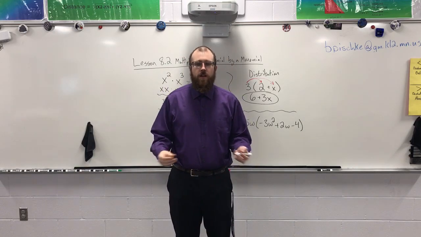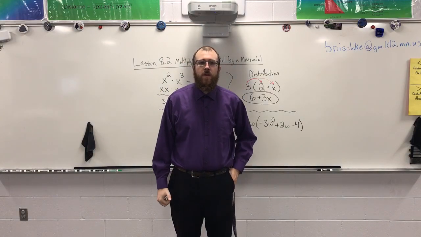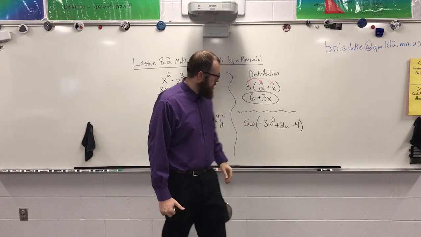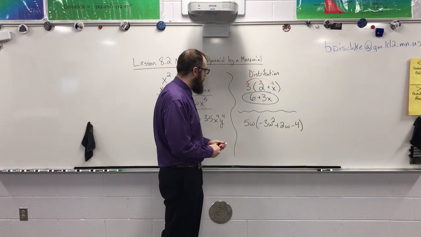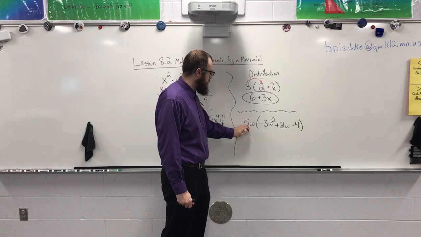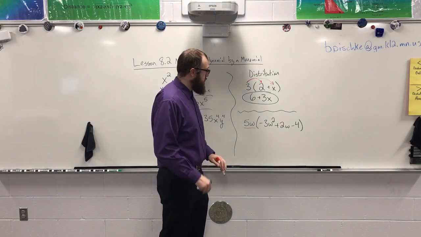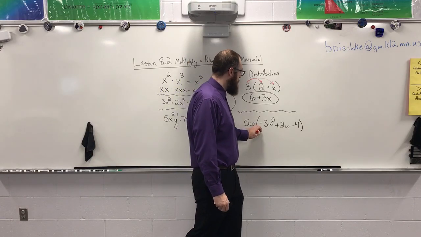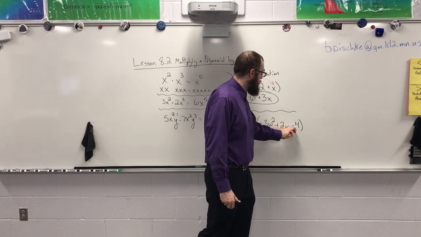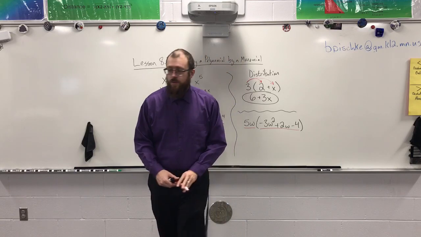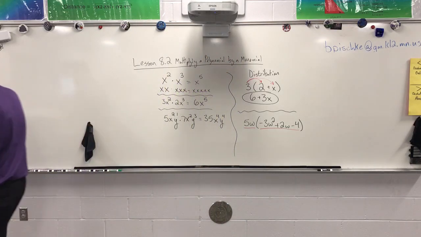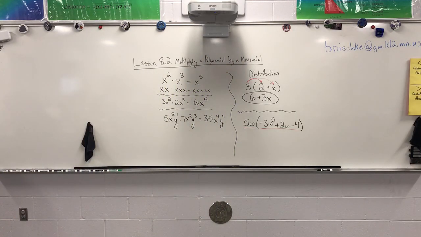This is just a really large distribution problem. We're taking the monomial out here on the left, 5w, and we're going to multiply it in to the polynomial inside the parentheses. Now that polynomial inside the parentheses has 3 terms, which makes it a trinomial.